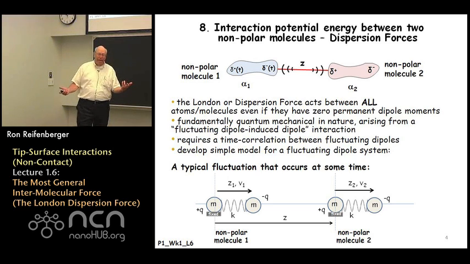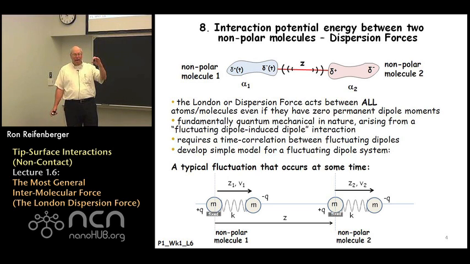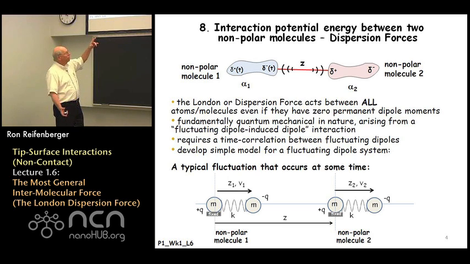What can we say about this London dispersion force? Well, it's the most general interaction that can occur between two nonpolar atoms or molecules. We imagine a nonpolar atom or molecule located at one point in space, and another atom or molecule, called molecule 2 in this slide, located a distance z away from the first molecule.